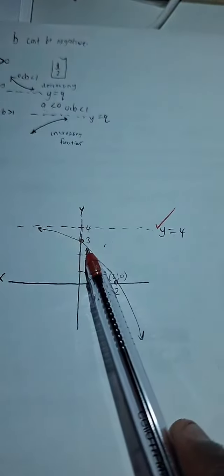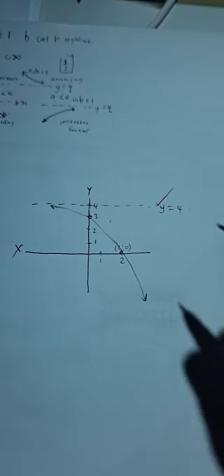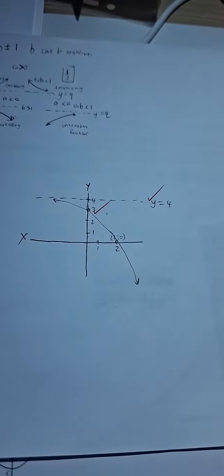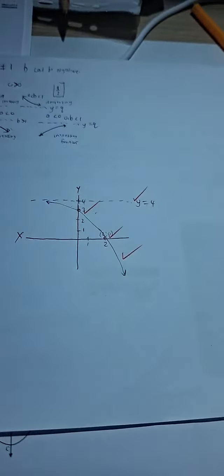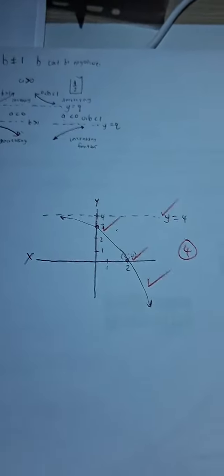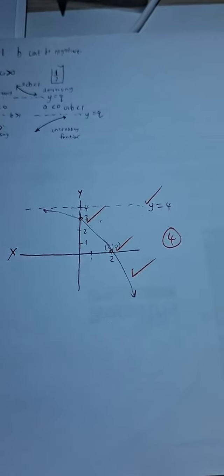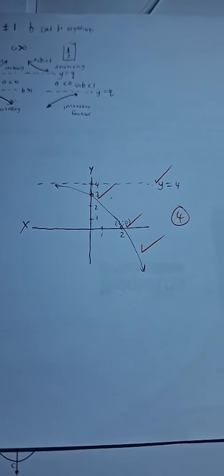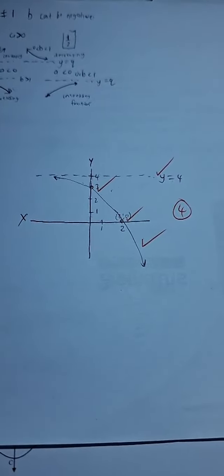So the dual intercept method here works nicely for this exponential function. Mark the shape. Beautiful. All right, no marks lost. Do you see? No marks lost at all. Gained everything.